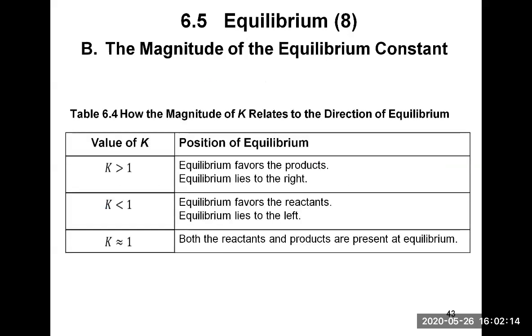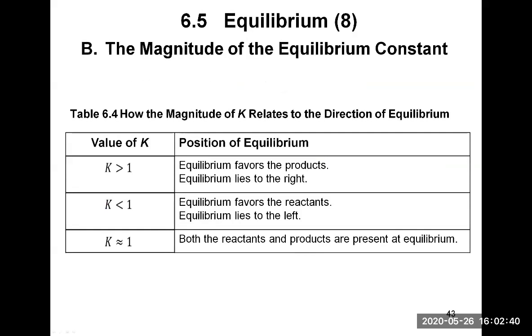So this table summarizes what we just said. Depending on the value of K, you can tell the position of the equilibrium, whether it favors the product or the reactant, or if both reactant and product are present at equilibrium. If it's a large value of K, we have more product and the equilibrium lies to the right.